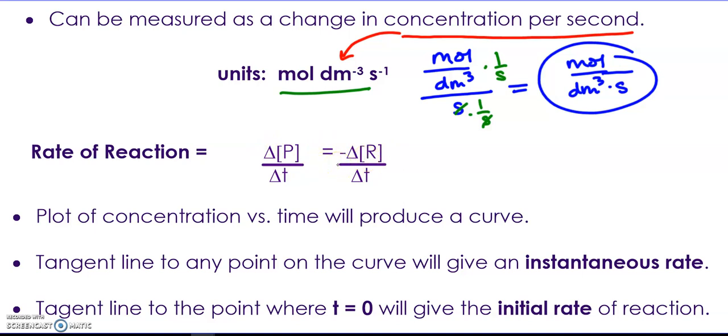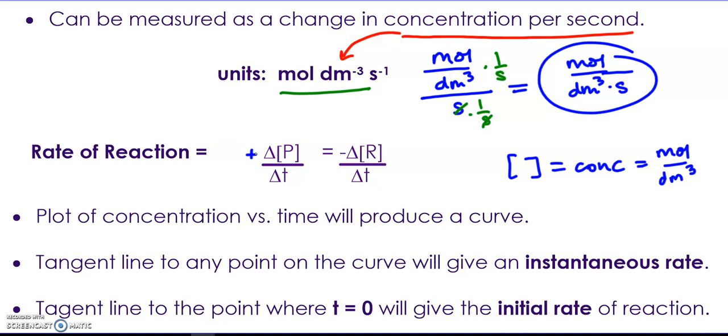Notice the brackets, just a quick reminder: brackets mean concentration, moles per decimeter cubed. And notice that the R is a negative value, because our reactant is decreasing, being used up, and our product is increasing over a change in time, delta t, t for time.